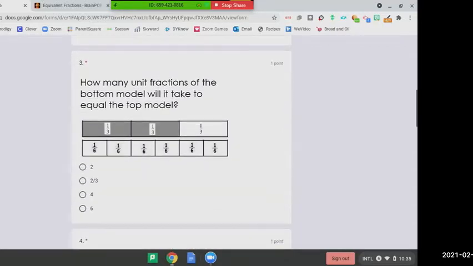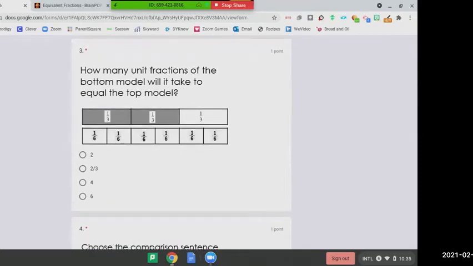Number 3, how many unit fractions of the bottom model will it take to equal the top model? Well, I have 6 on my bottom model, and on the top I have thirds. 2 of the 1/3 pieces are gray. They end right here. So I need to look at everything on the left of where they end to see how many there are.